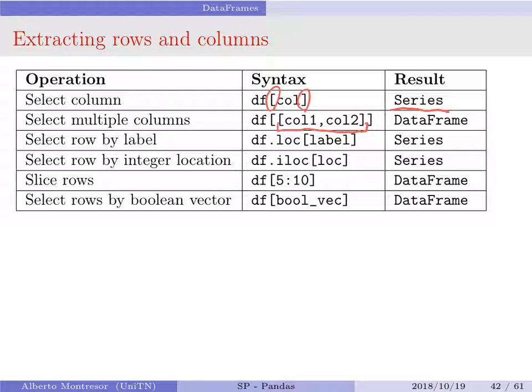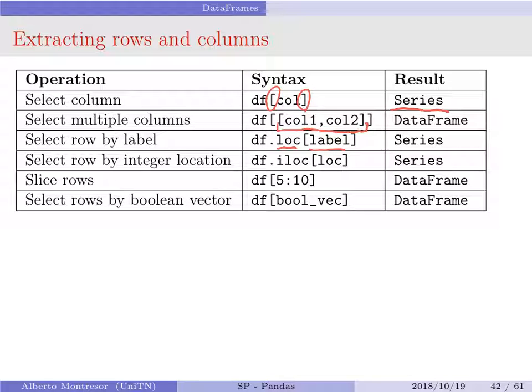Then I could select a single row or a set of rows, okay? But in order to do that, I need to use the data frame dot loc, okay?